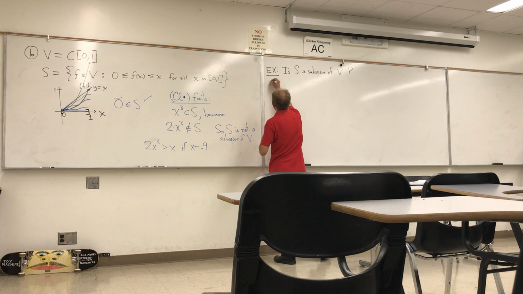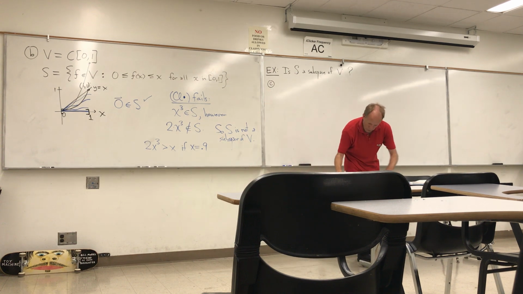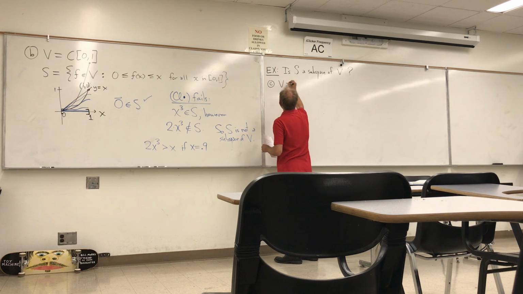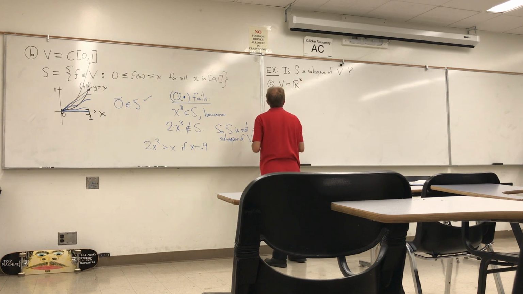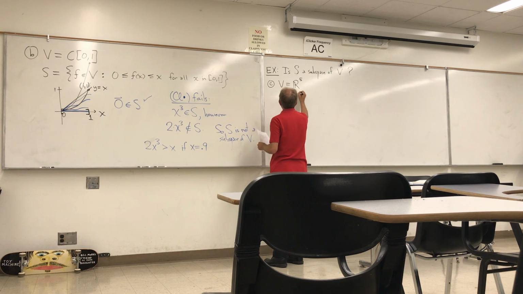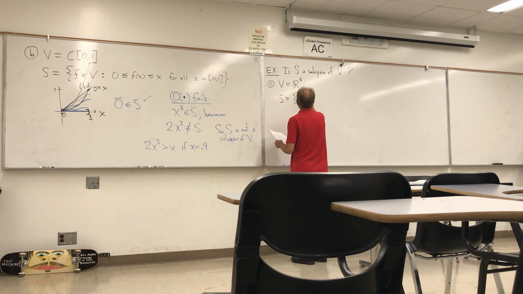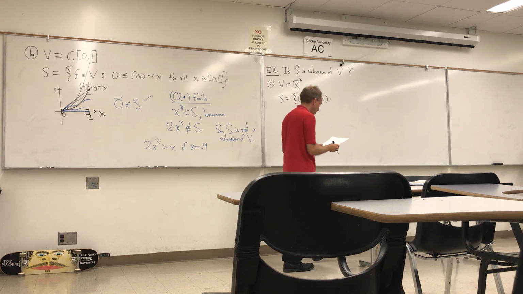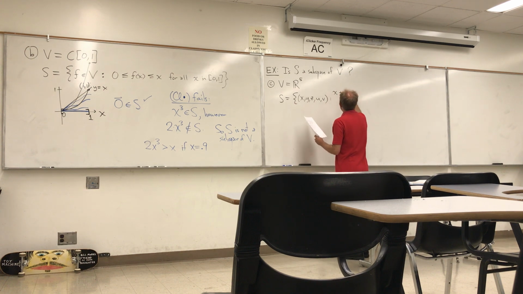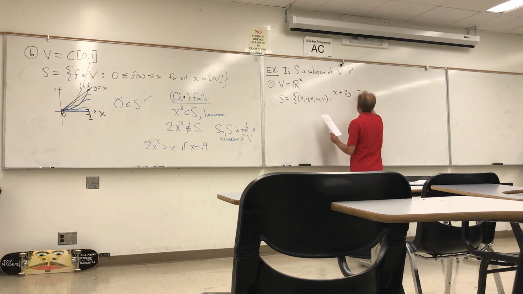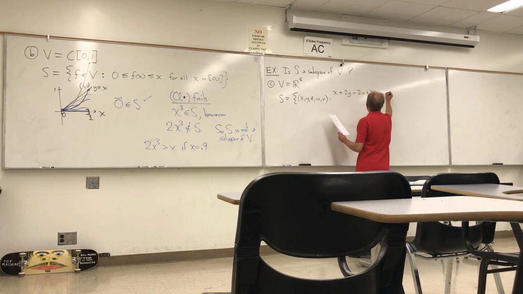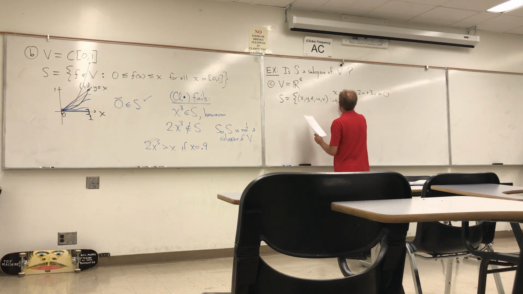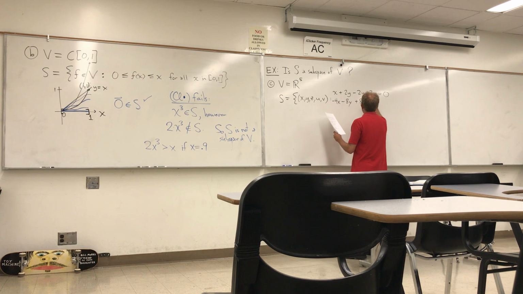This is part C. Let V equal R5, and S equal the set of (X, Y, Z, U, V) such that X plus 2Y minus 2U plus 3V is equal to 0, and negative 4X minus 8Y plus 8U minus 12V is equal to 0.